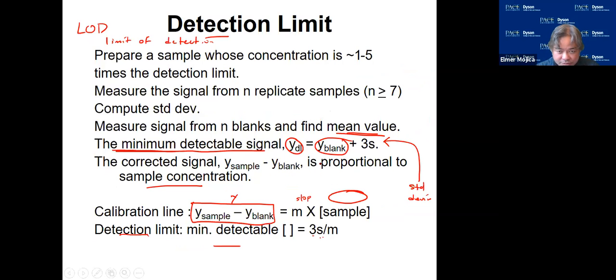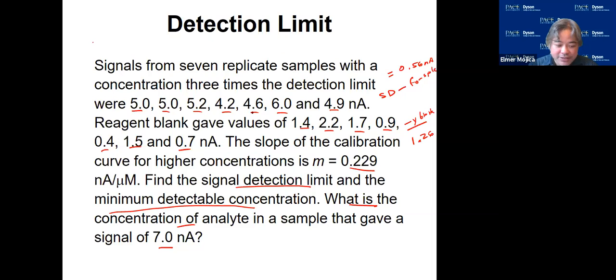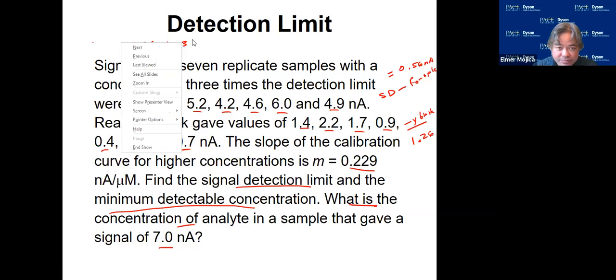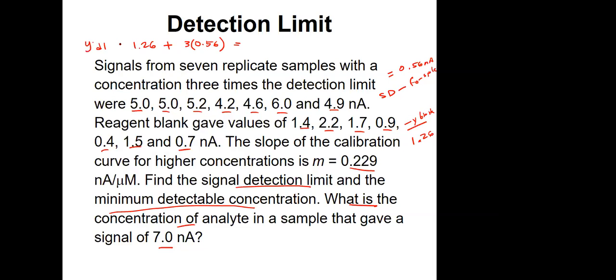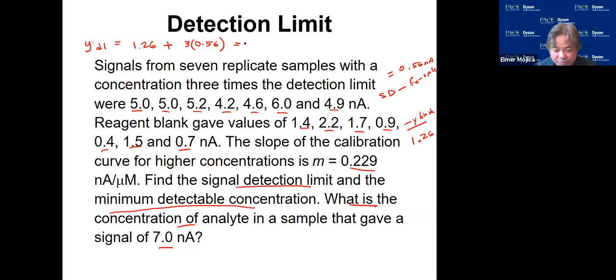Because if we're going to look at the signal detection limit, y blank plus 3s. The y blank that you have there is 1.26 plus 3 times 0.56. This gives you around 1.94, is what I calculated.